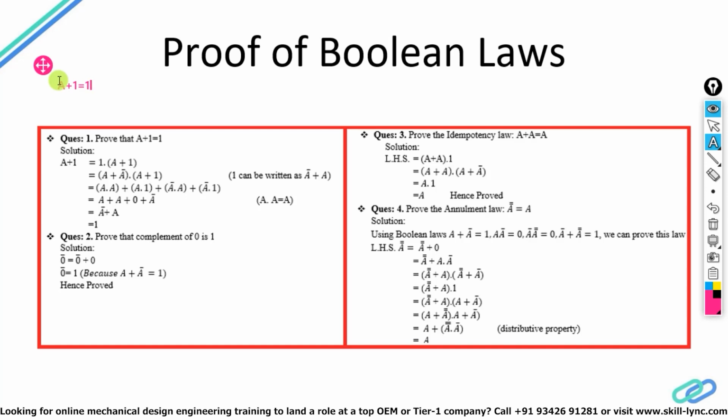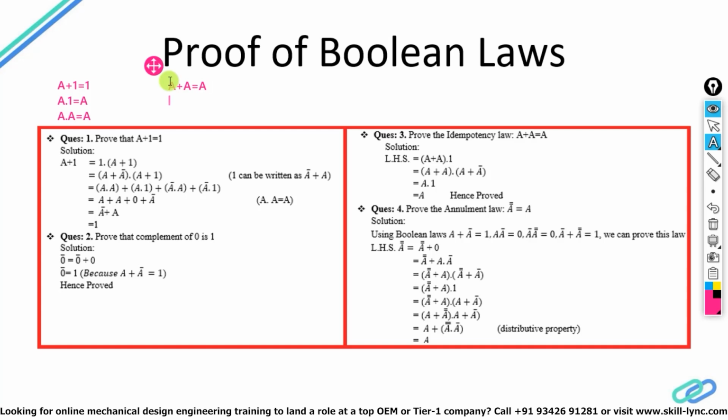Anything plus 1 equals 1. Next is A into 1; A into 1 is A. A into A equals A. A into A will be A, it will not be equal to A square. Now, A plus A equals A. It is not equal to 2A.